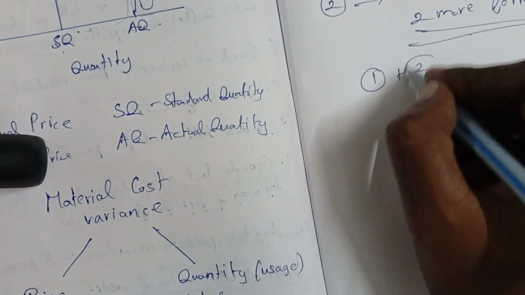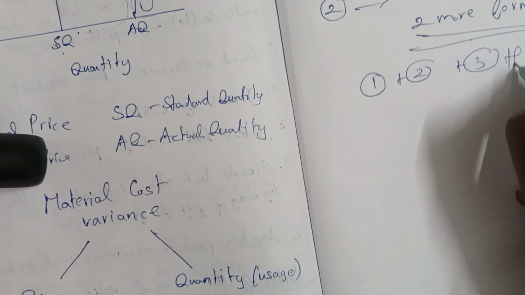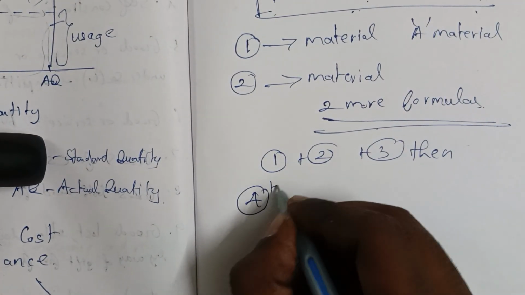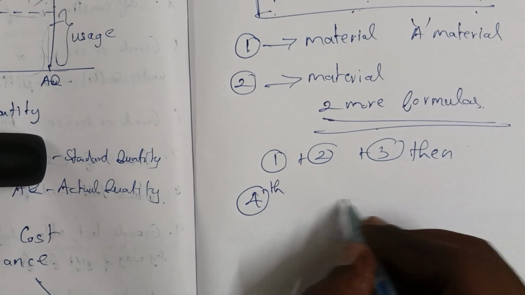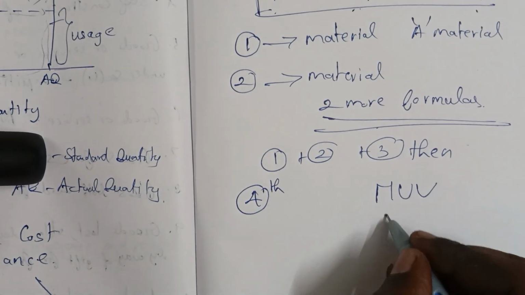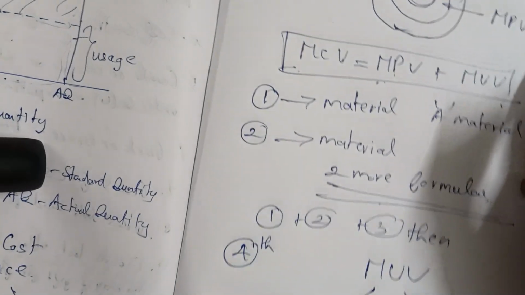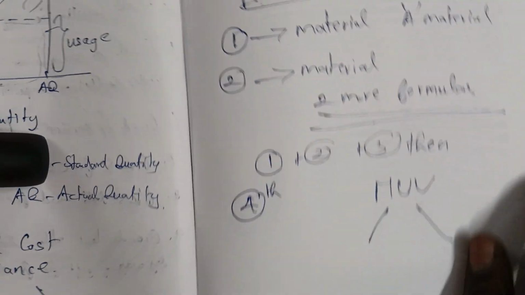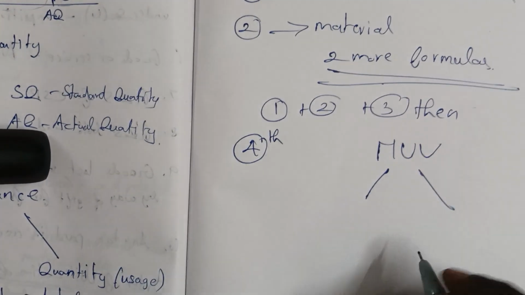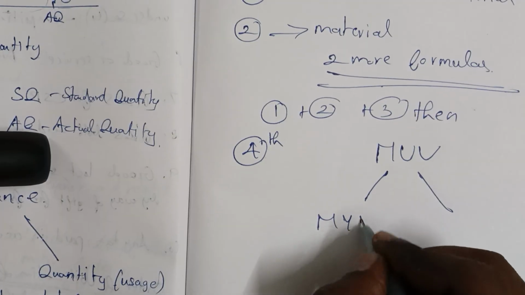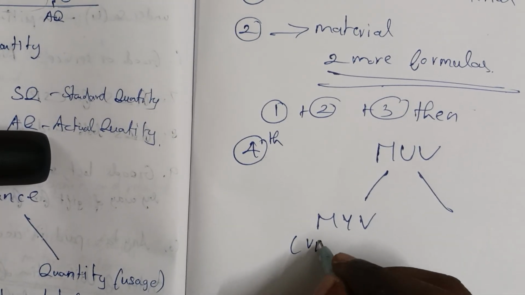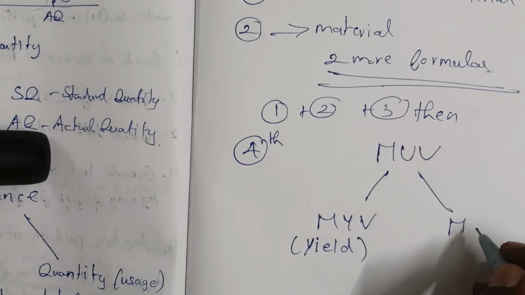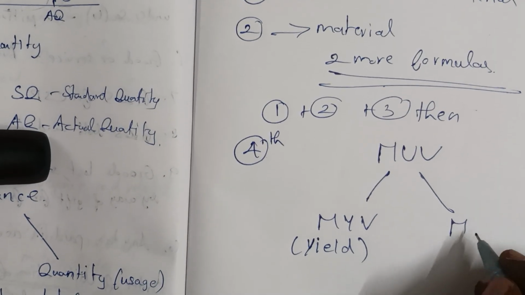So the first formula, second formula, third formula, then fourth. This comes under your material usage variance. Then it's further divided. Remember this, this is further divided into two. Material yield variance, material mix variance.